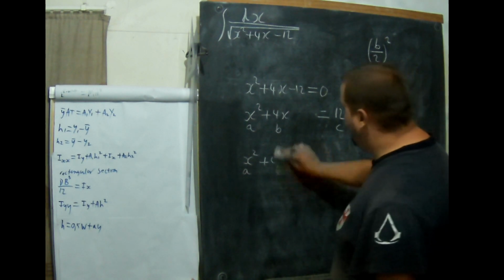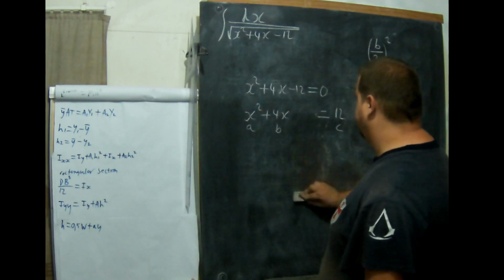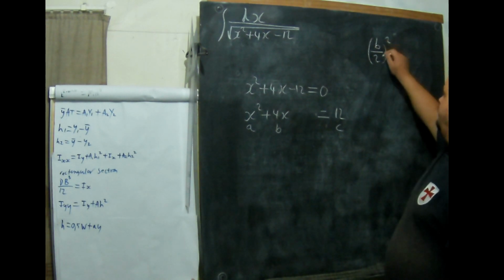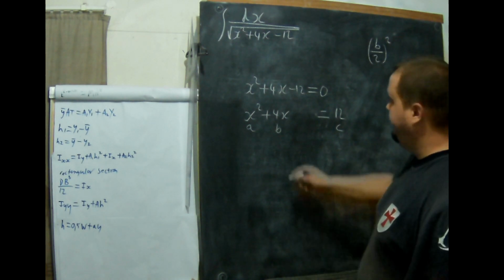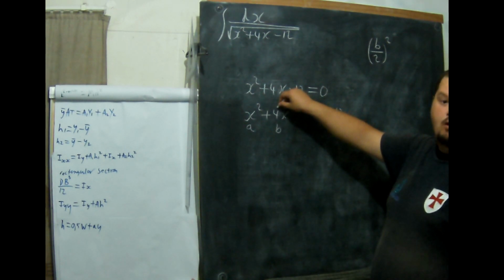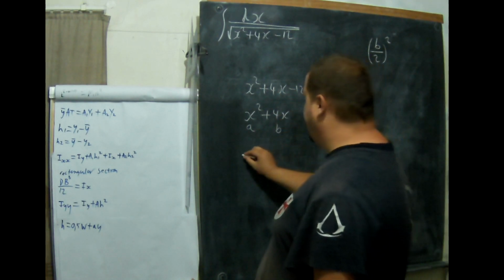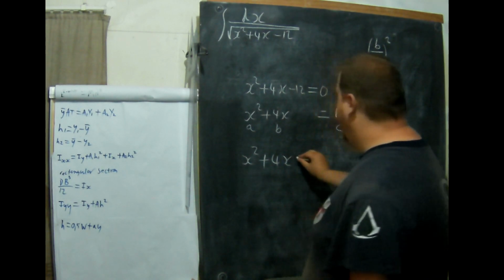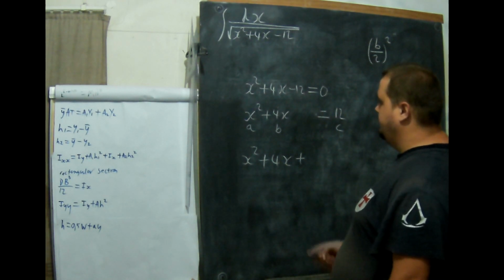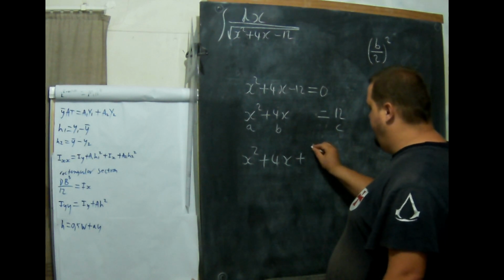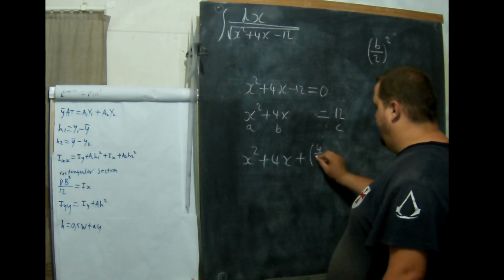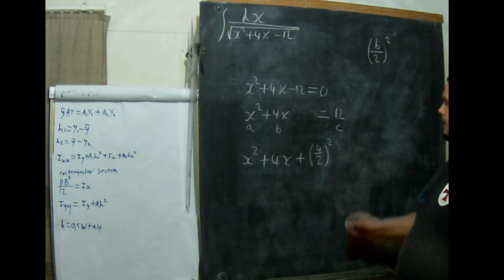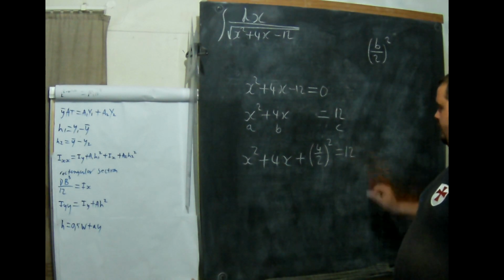So what we're going to do now is put in b over 2 squared. The coefficient of b is 4. So we say x squared plus 4x plus, because it's a positive 4, bracket 4 over 2 squared equals 12.